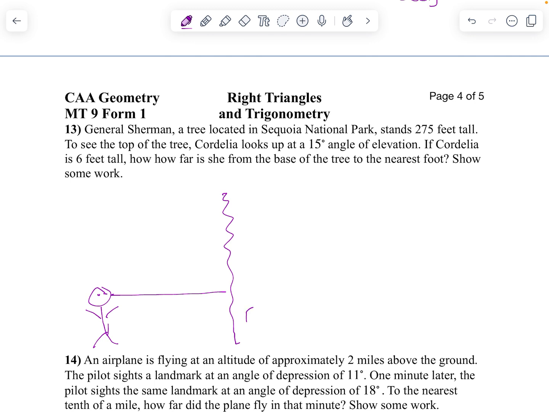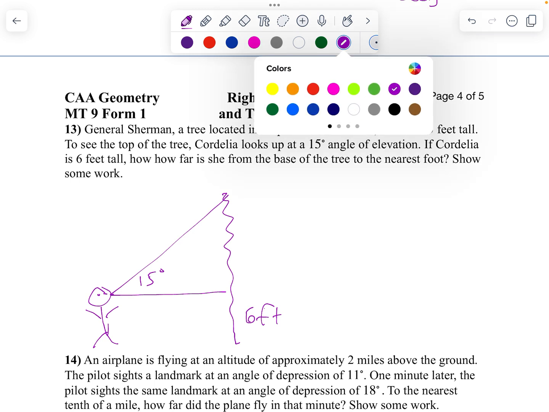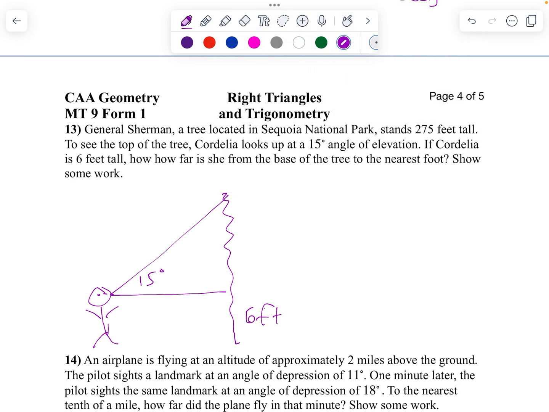We know it's 6 feet to the bottom from her eyes, and she looks up to the top of the tree at a 15-degree angle. Now we know the whole tree is 275 feet tall, but we got 6 feet that are below Cordy, don't we? So that means from Cordy's eyes up, it's 269 feet in the air.